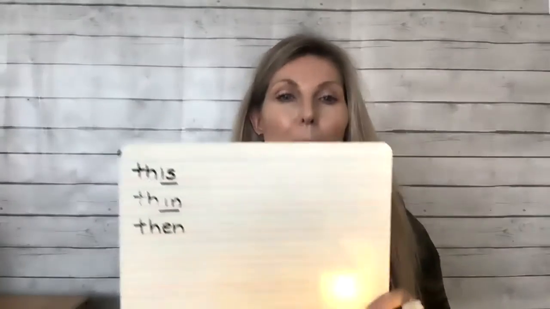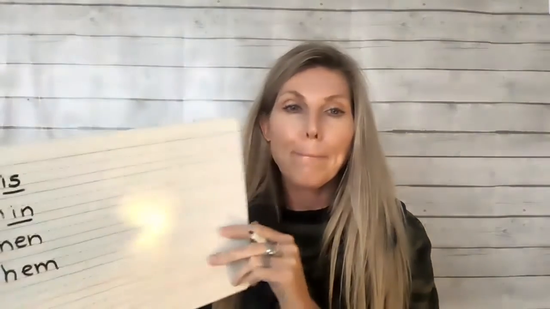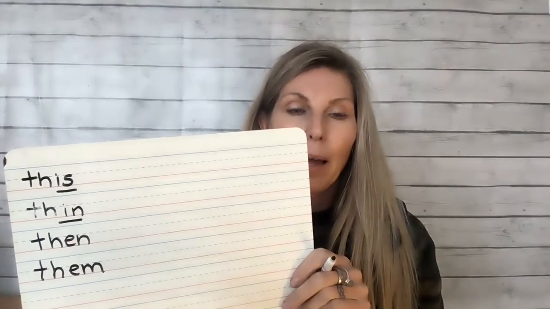Next word, we're just going to change the N sound, instead of thin to then. When you hear N on the end of a word, it's spelled E-N. Next word, instead of then, it's going to be them.